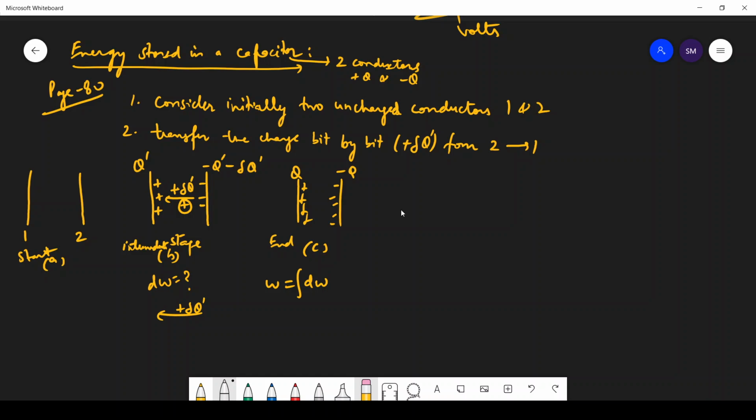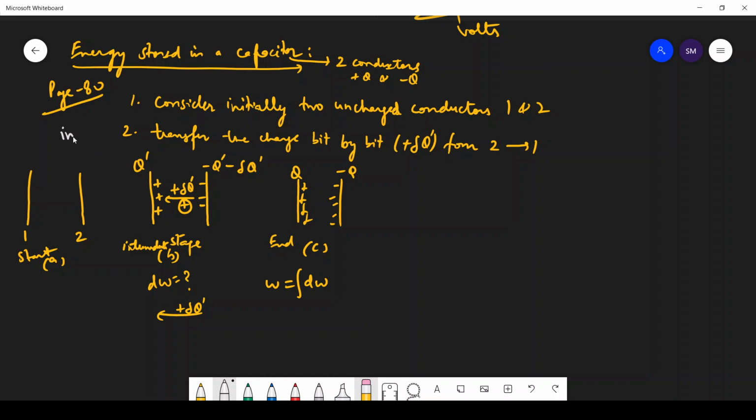So we have an intermediate situation where the conductors 1 and 2 are, so write here intermediate stage, as you need to write it theoretically. Now imagine a small plus delta Q dash charge that you are transferring from 2 to 1.